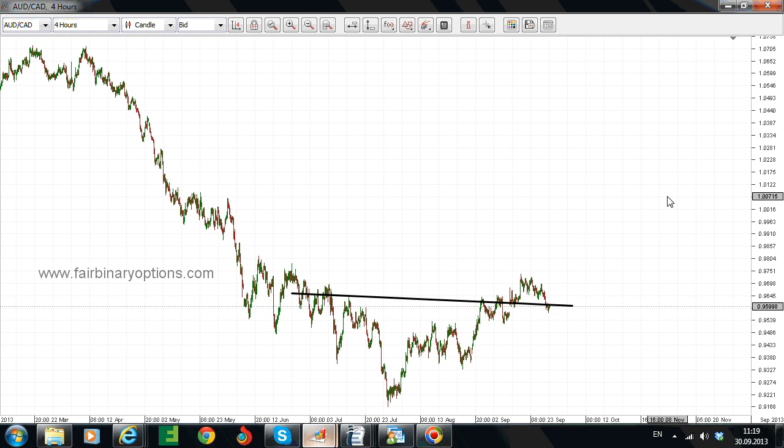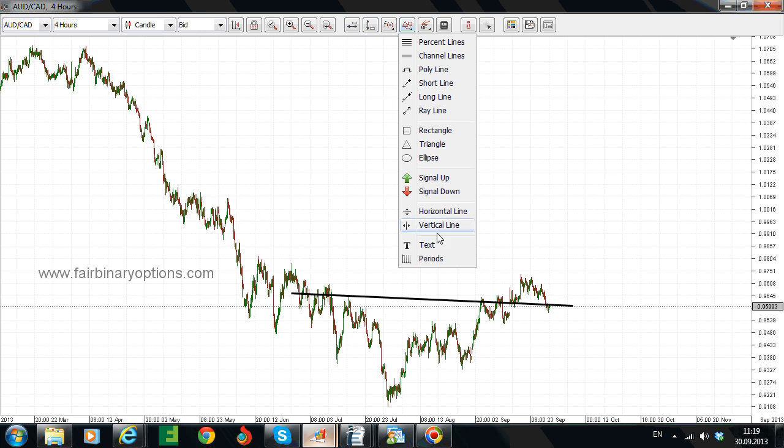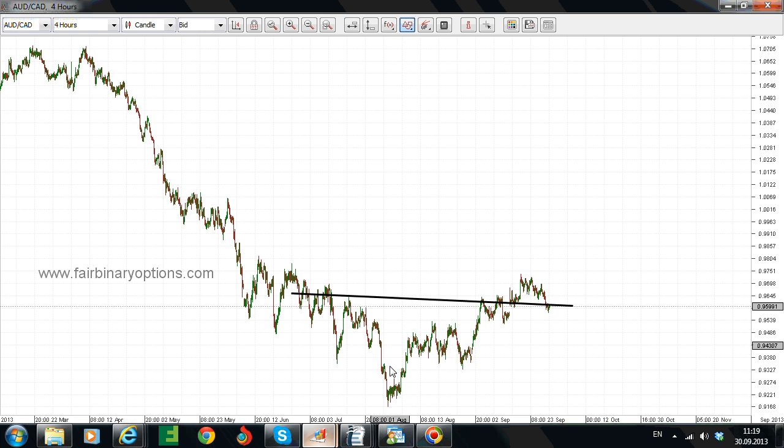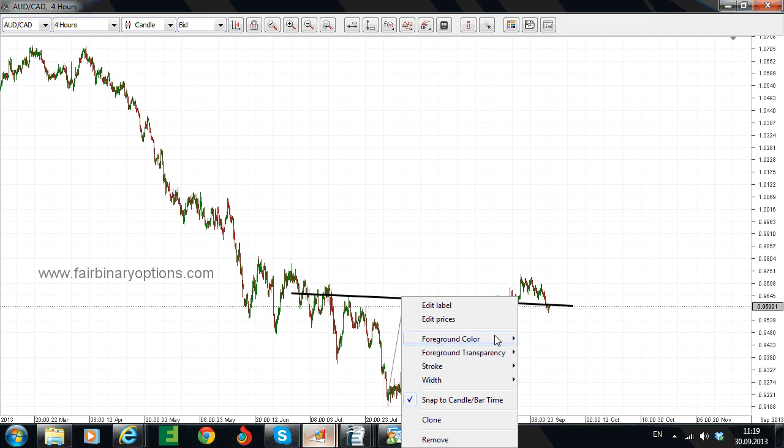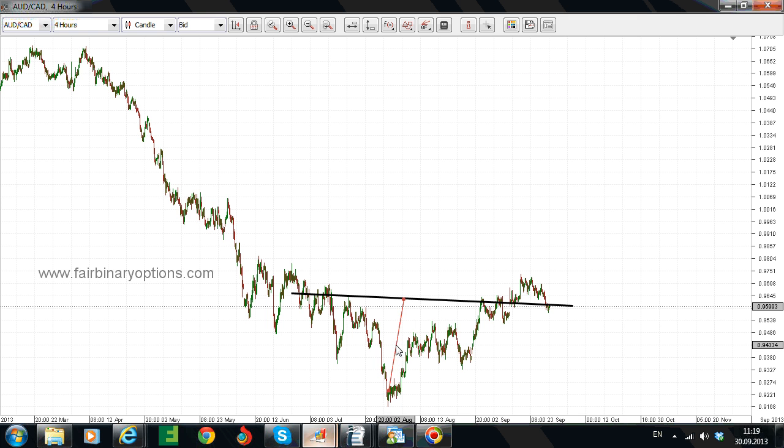Any inverse head and shoulder comes with a measure move. This is the measure move for this inverse head and shoulder, like this, and it needs to be projected to the upside. Projected to the upside, it will give us a target of above parity again.